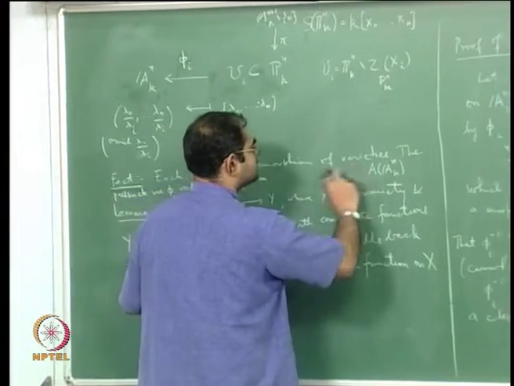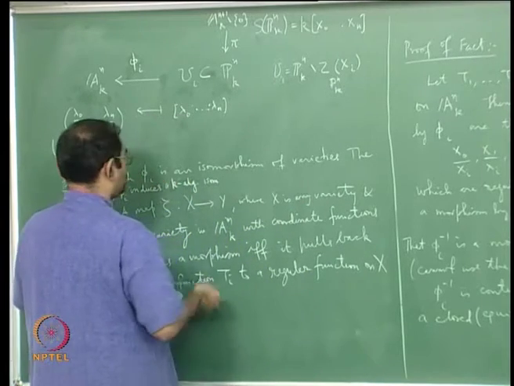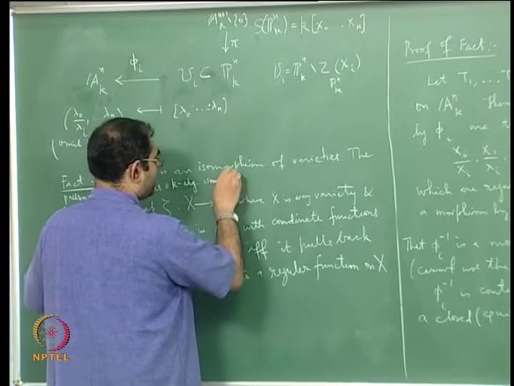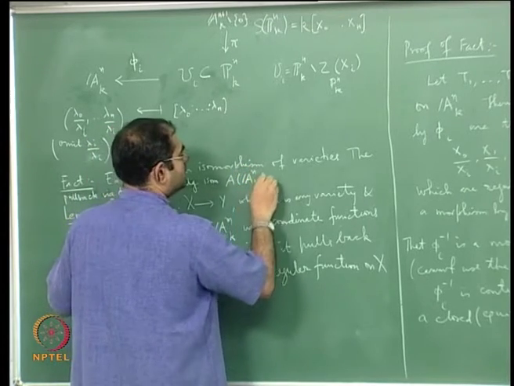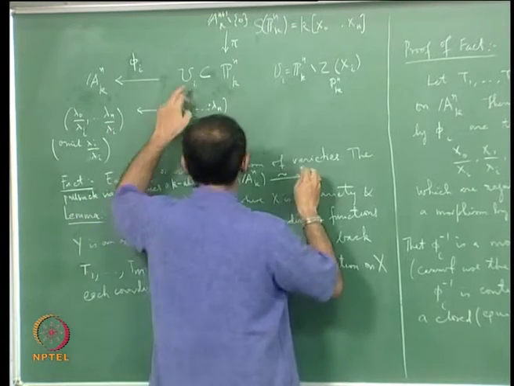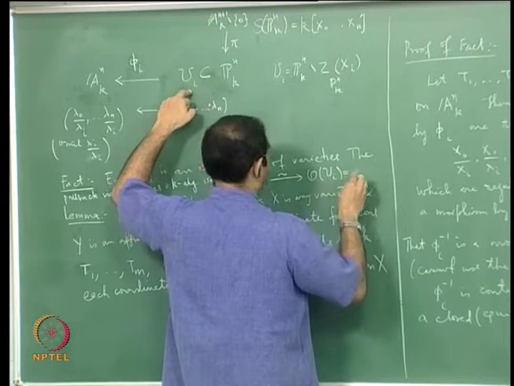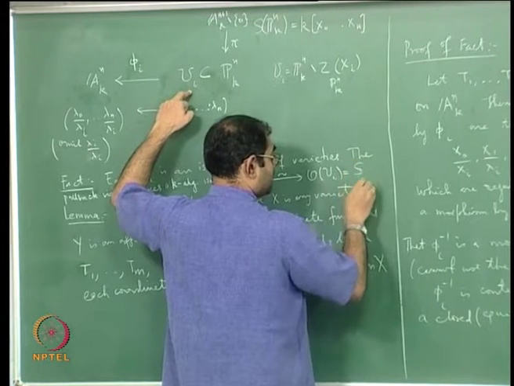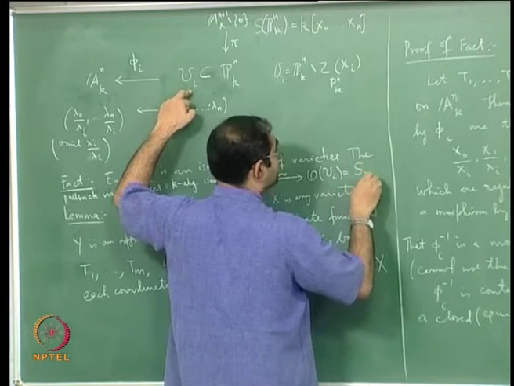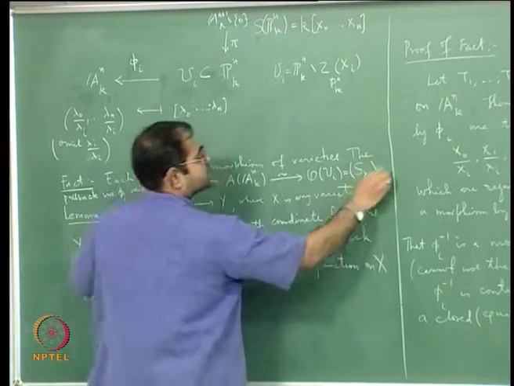So let me change it, and phi I induces a K algebra isomorphism from A of n to the regular functions on ui, which is S localized at xi, and you take this degree 0 part.